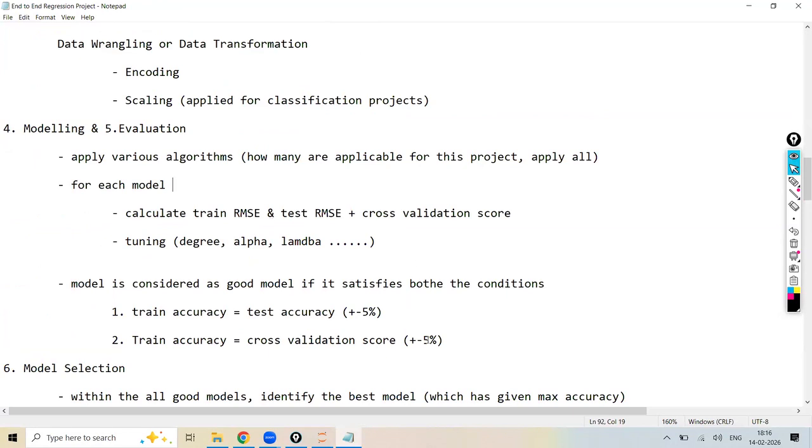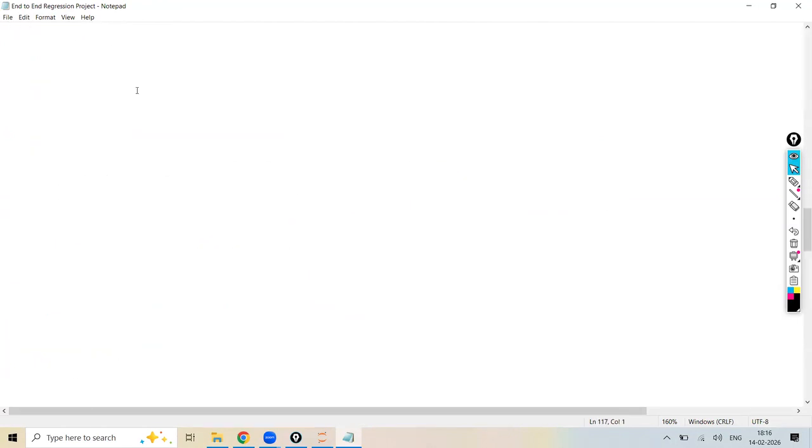Now, for each model, write in the notes clearly, for lasso, ridge, and elastic net regression, these three: the hyperparameters. What are the hyperparameters?